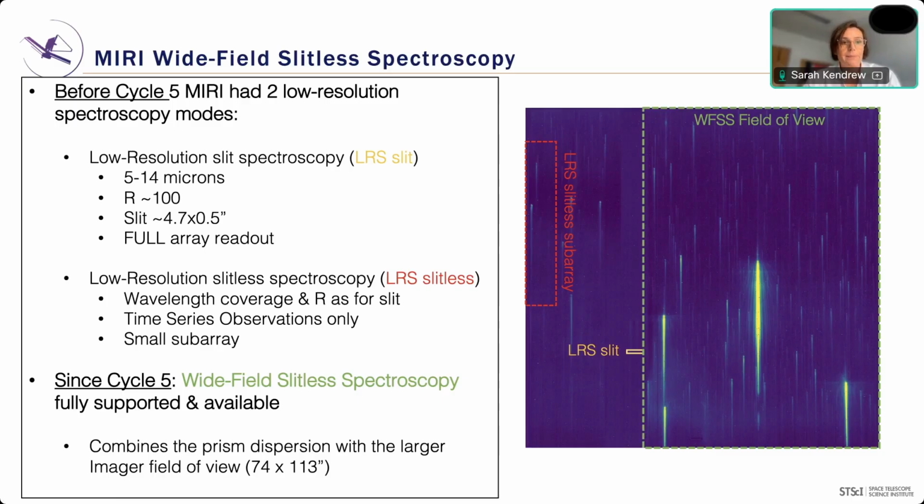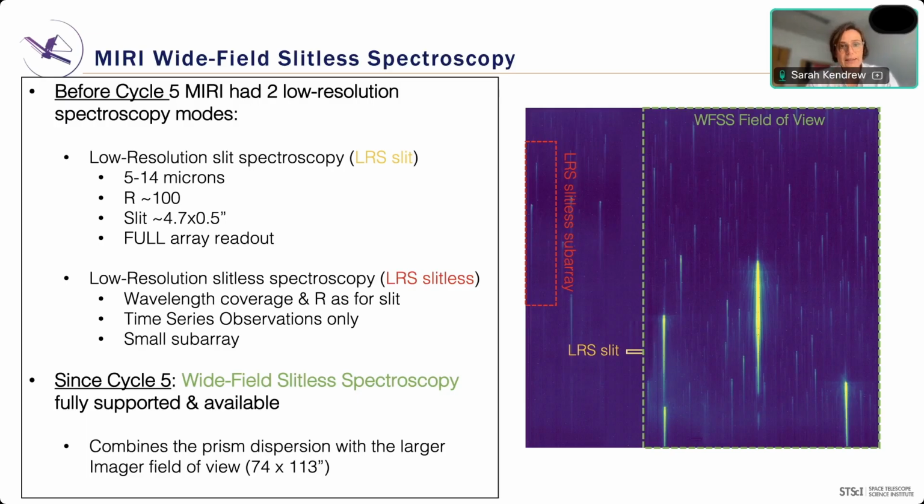The prism dispersion covers 5 to 14 microns in a single exposure, with a resolving power of around 100 in the middle of the range. It varies from about 40 at the 5 micron end, and goes up to about 160 to 200 at the red end.